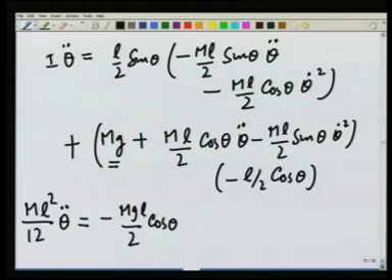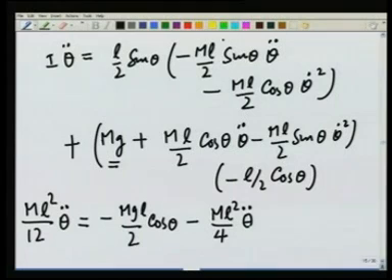Then I am going to have minus m L square by 4 cosine square theta coming from here, minus m L square by 4 sine square theta coming from here, that will give me minus m L square over 4 theta double dot.